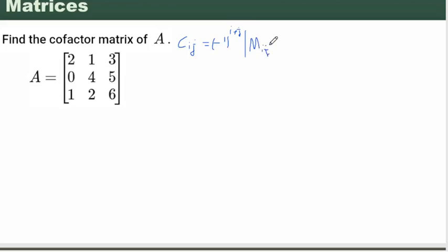It is an order of this matrix. It shows matrix M would be obtained by deleting row i and column j.